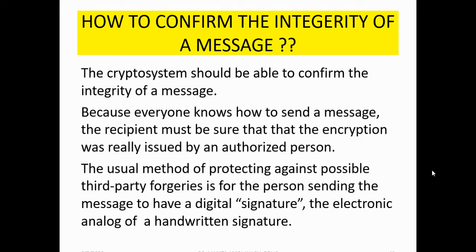I have already told you about digital signature in the previous lecture. So we are going to just study more about digital signatures, and we are going to see Al-Gamal digital signature also. The usual method of protecting against possible third-party forgeries is for the person sending the message to have a digital signature, the electronic analog of handwritten signature.